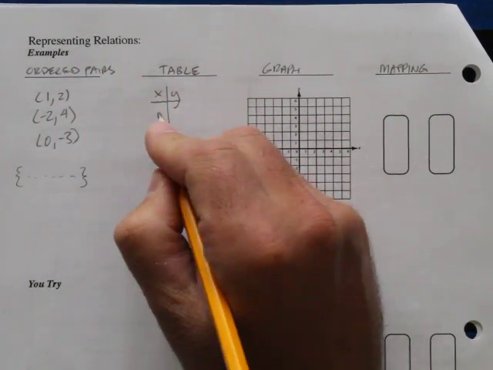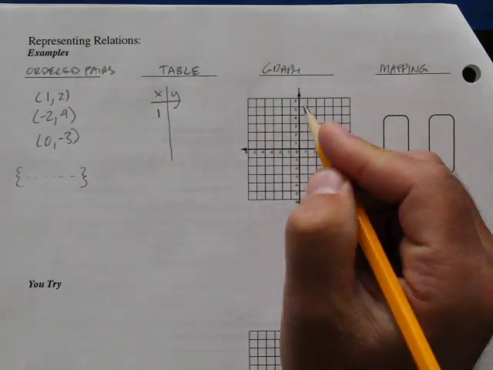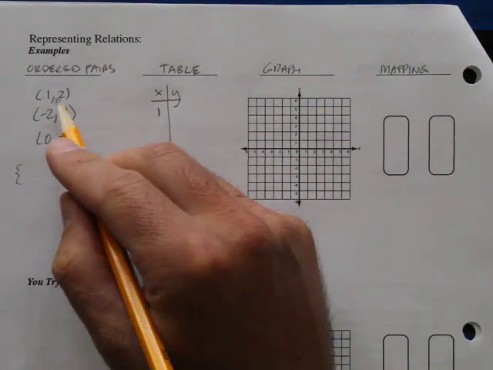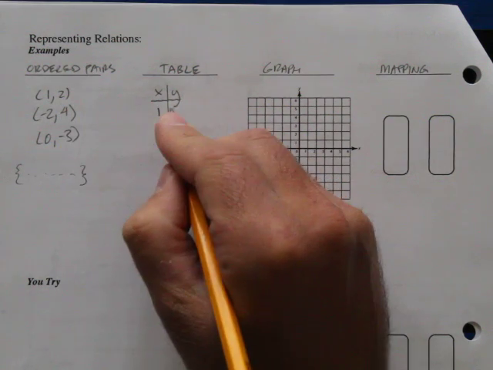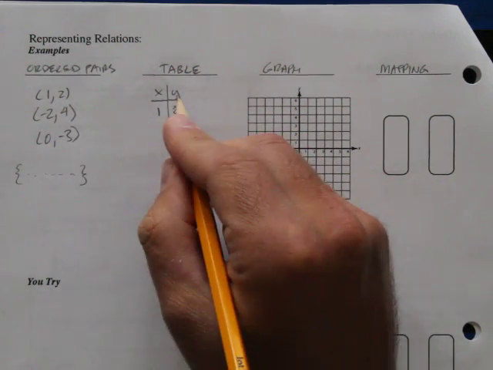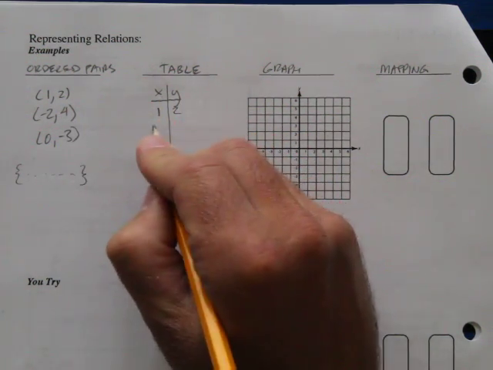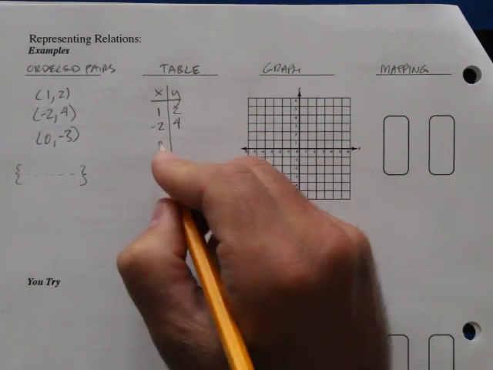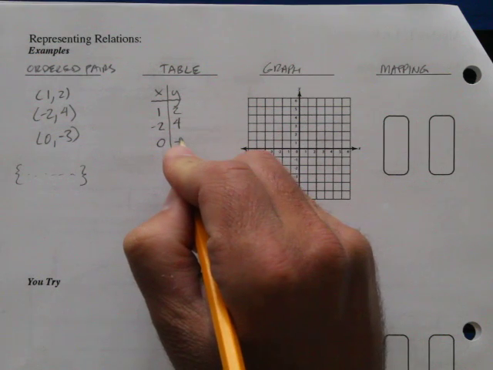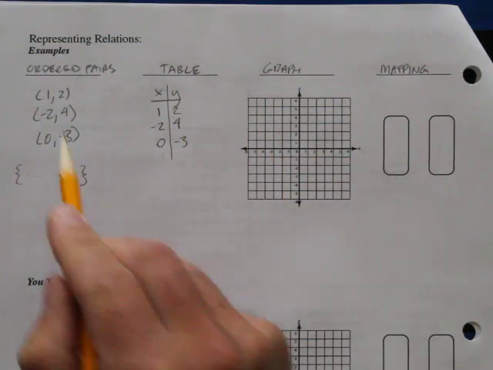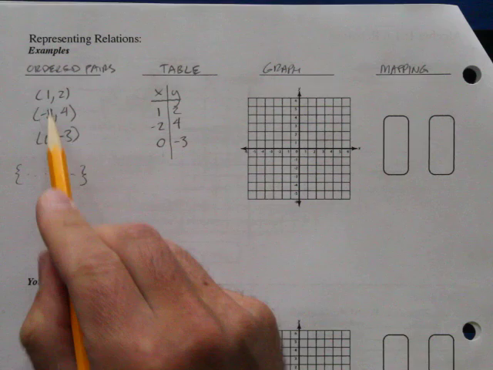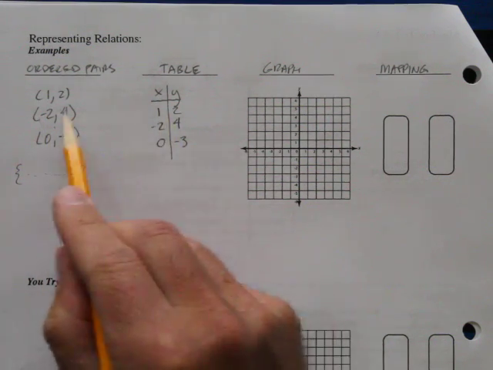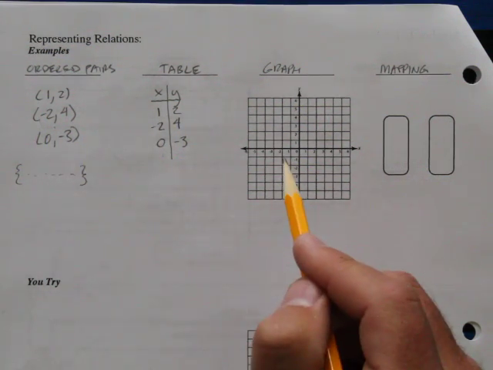So when I plug 1 into my equation or into this pair, I would get 2 out. When my domain is -2, then my range is 4. And when my X value is 0, my Y value is -3. So I've just taken these points and I've translated them to be on this table.